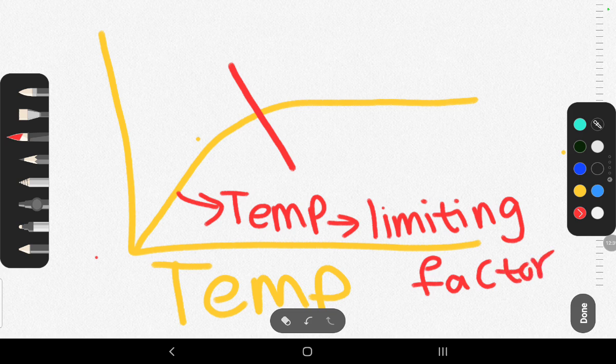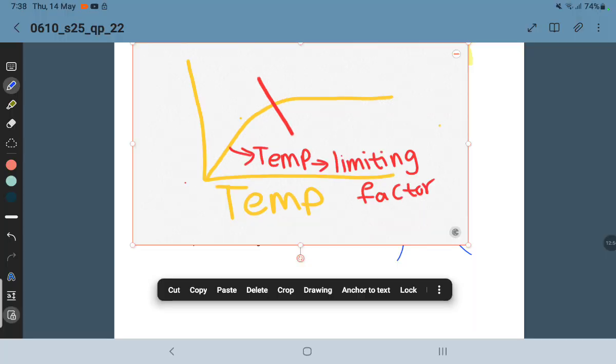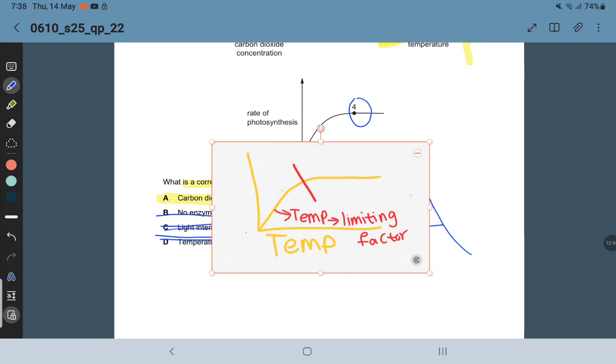As the graph starts to level off, once it reaches a plateau, we cannot say that temperature is a limiting factor. We will say that maybe carbon dioxide concentration or the light intensity is a limiting factor. And you need to say carbon dioxide concentration to get your full marks, of course.